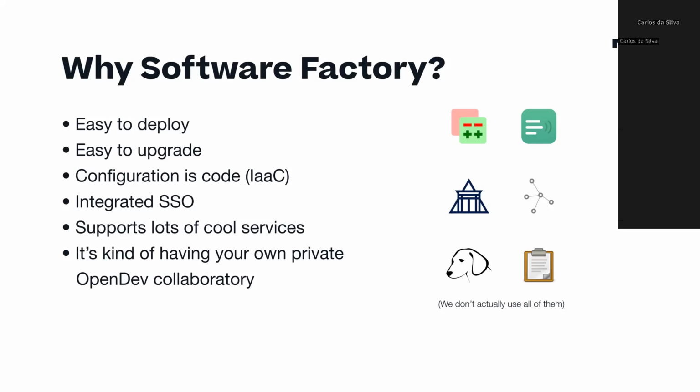And one of the best parts, I believe, about Software Factory is how it treats configuration. The acronym here is IaC, which is infrastructure as code. When you deploy Zuul, you have a bunch of configuration files. Some of them need to be tracked by a Git system.